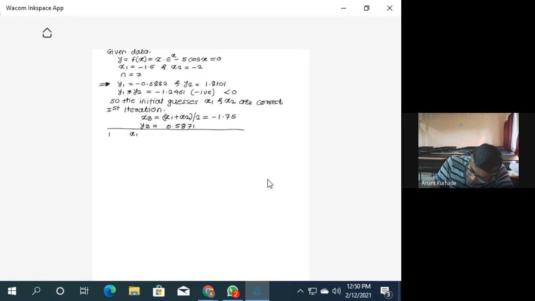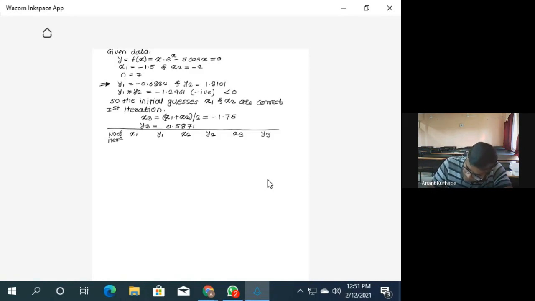We have given x1, we are finding y1, so your next column should be y1. Next is x2, then y2, then we are finding x3, and then we are finding y3.